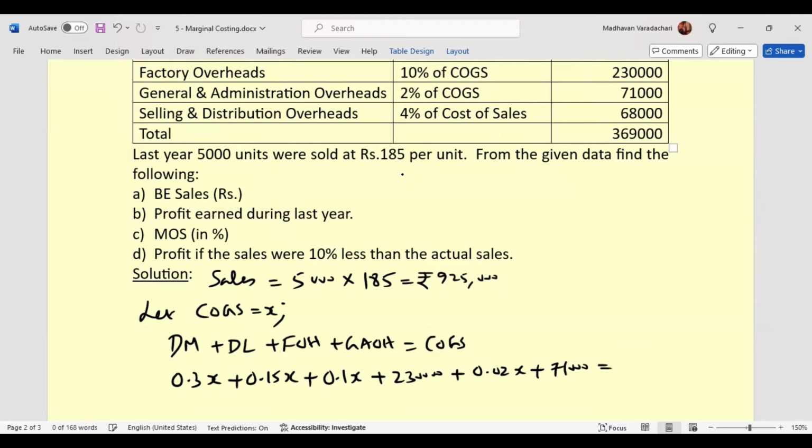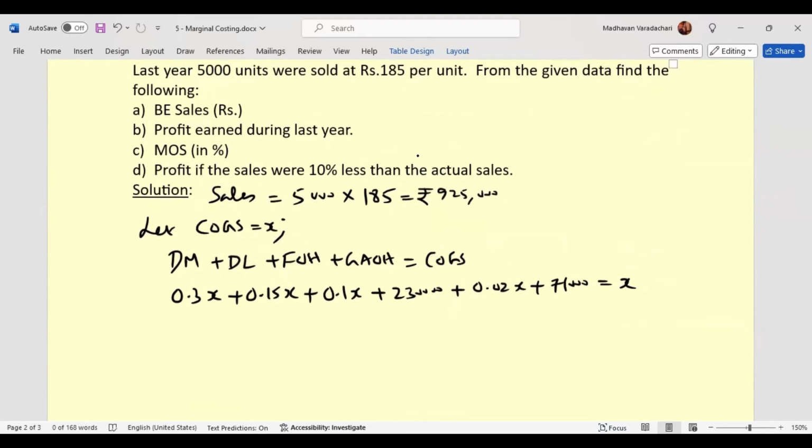Together, this will be COGS, which is nothing but X. So if we solve this, we will get the equation. Solving it, we get X as 7 lakhs. So that is our COGS.